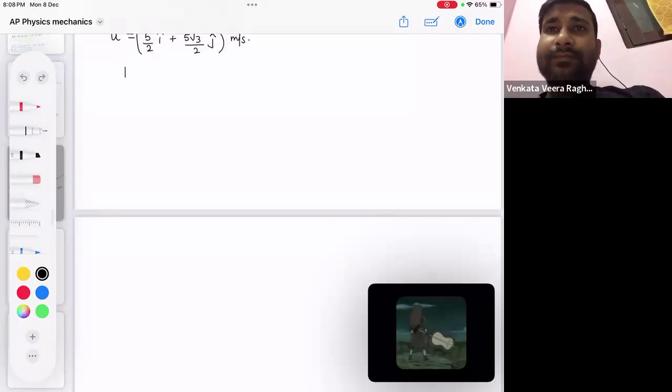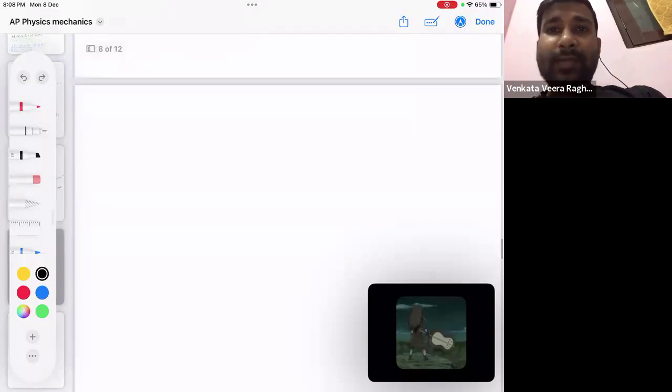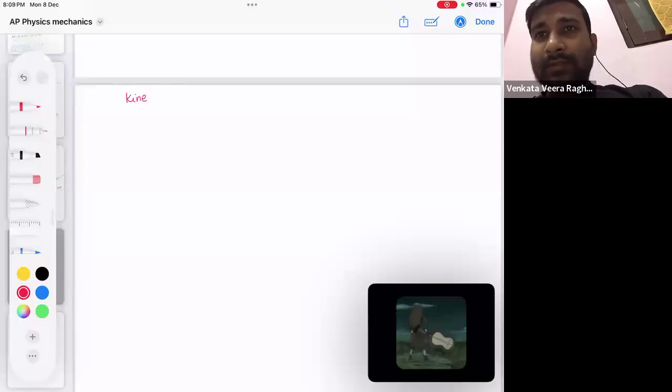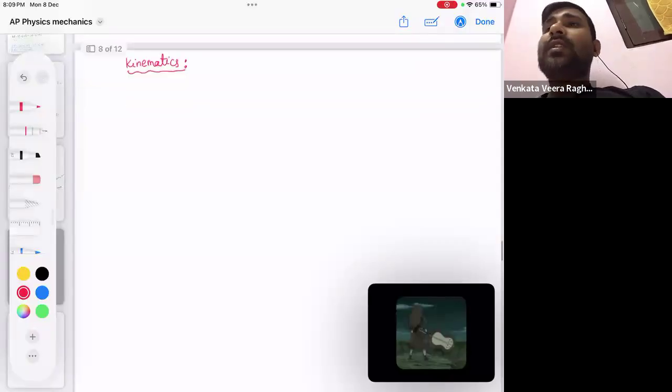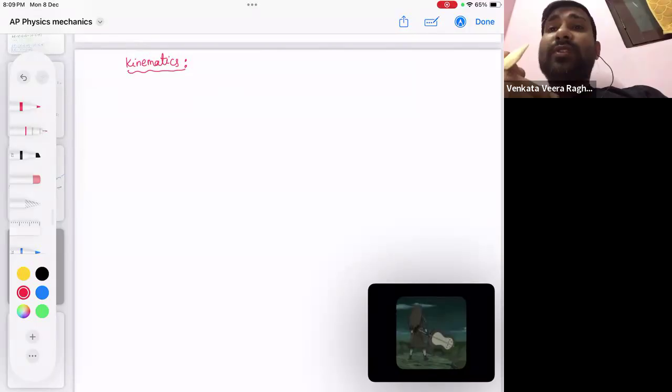So now in kinematics, what we do is discuss the motion of an object, the motion of a particle. We discuss how a particle is moving, how much time the particle has taken to move a certain distance.